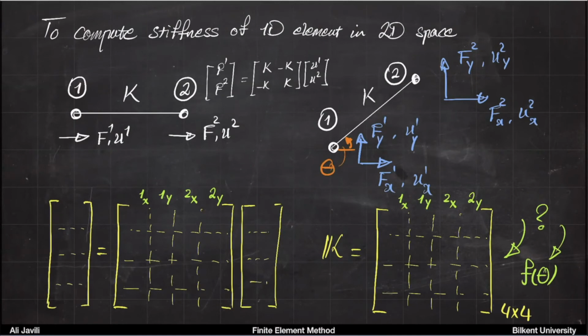So you would have a system like this, and then if you really want to put information here, you can do. Here it would be u1x, u1y, u2x, u2y, and then here you have f1x, f1y, f2x, f2y.